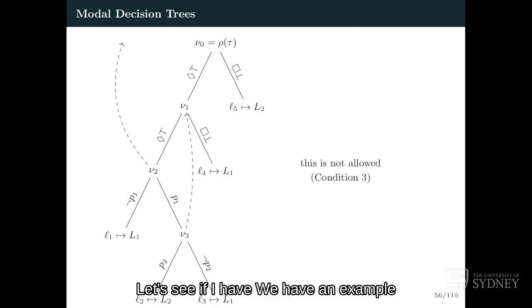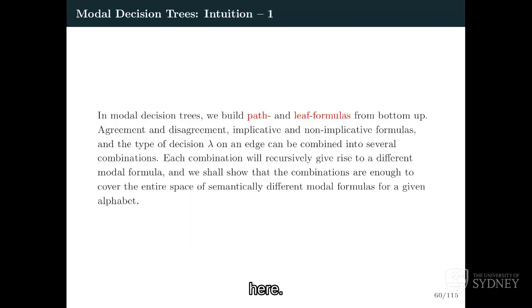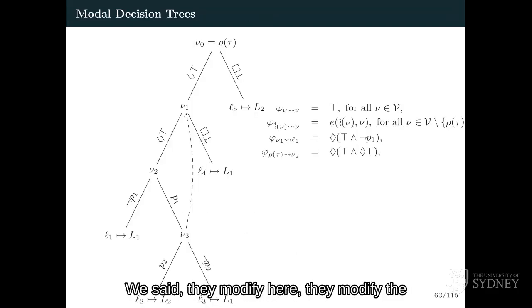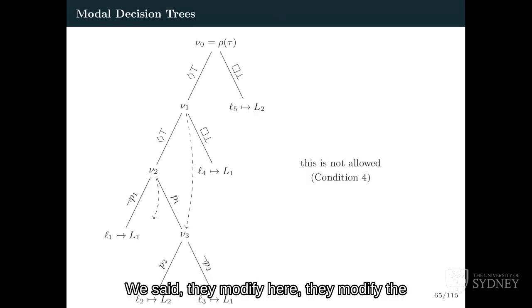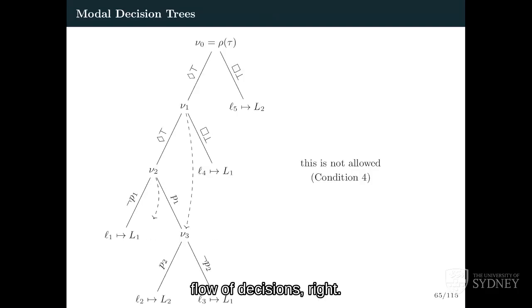Forward edges, let's see if we have an example here. We said they modify the flow of decisions, how the instance falls on the tree. But in some of the nodes, there are no forward edges.